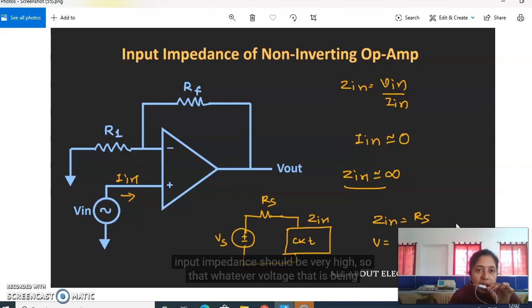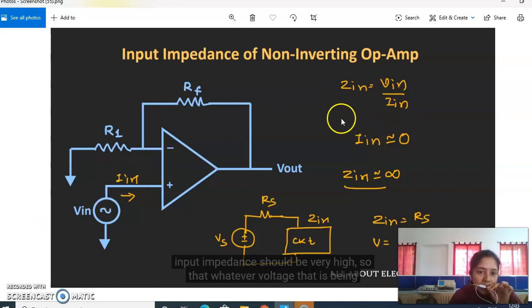And then coming to the input impedance of the non-inverting operational amplifier. Here the input resistance seen across this Vin is Rin, so Zin equals Vin by In.